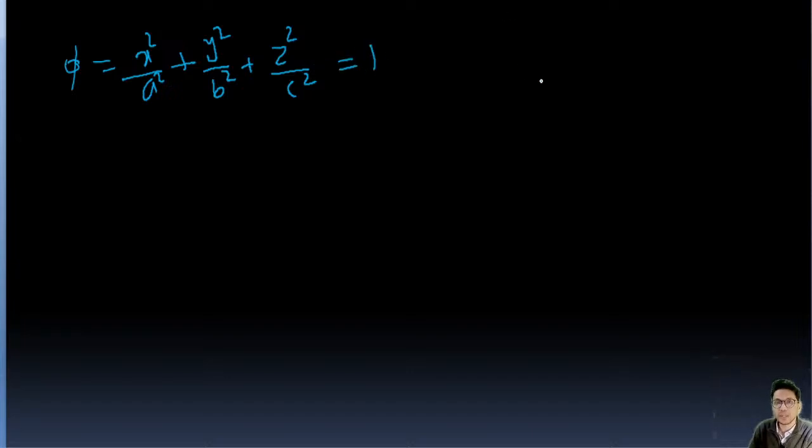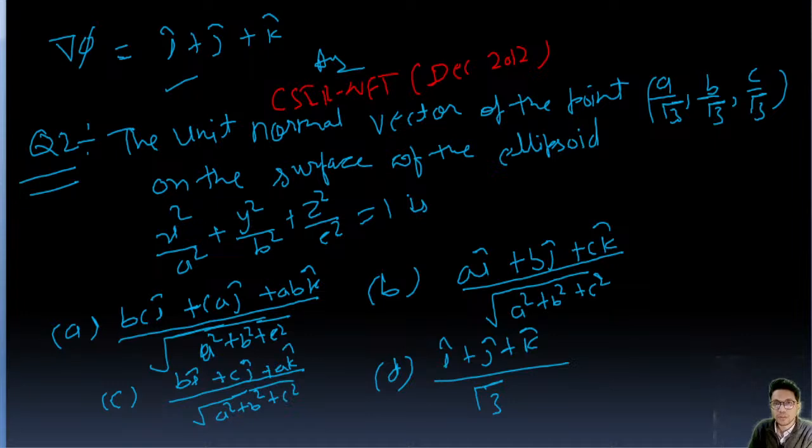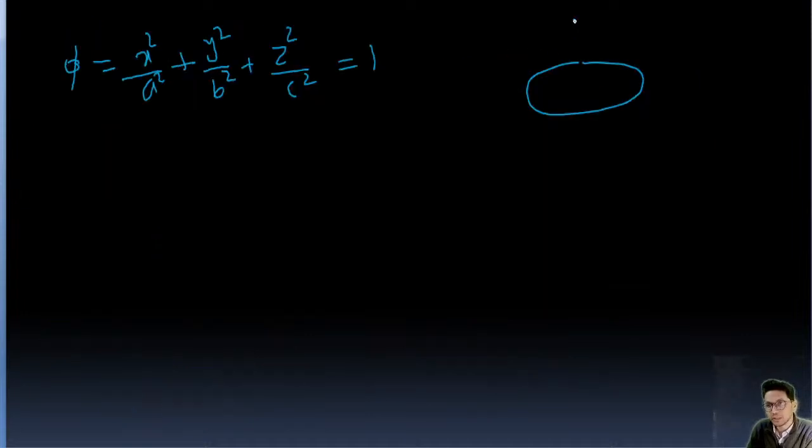This is given. So this is the level surface which is given, right, the ellipsoid, and we have to find out a unit normal vector. Unit normal vector.